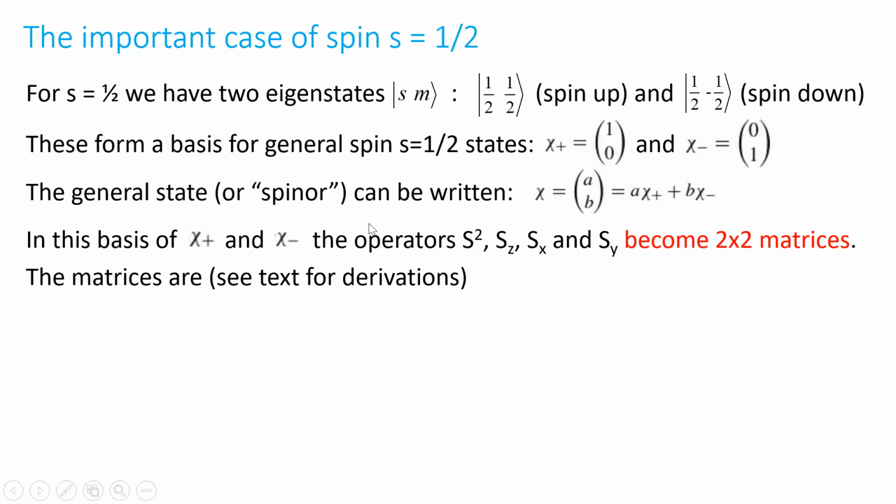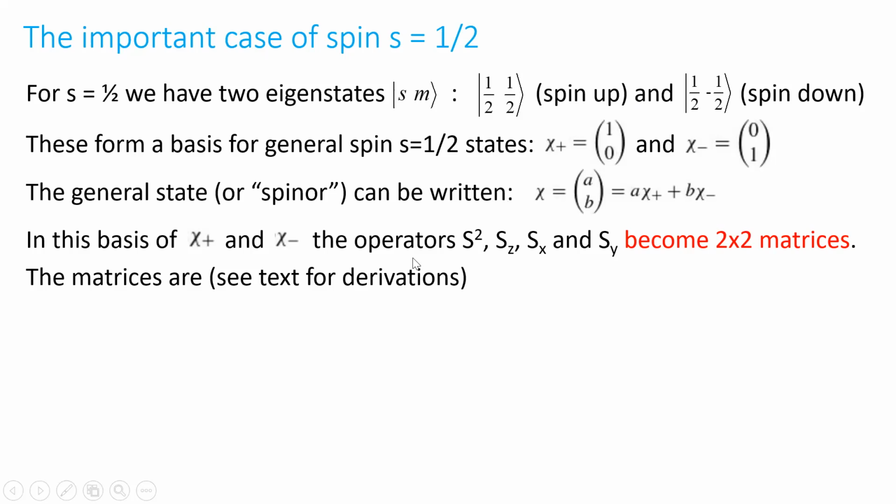So if we take the matrix elements of these operators between the eigenstates, we only have 4 possibilities: spin up operator spin up, spin up operator spin down, spin down operator spin up, and spin down operator spin down. So there's only 4 possible entries, so we have 2 by 2 matrices.